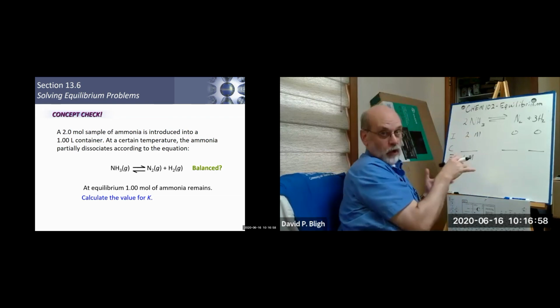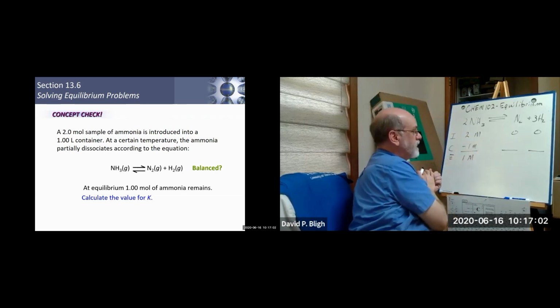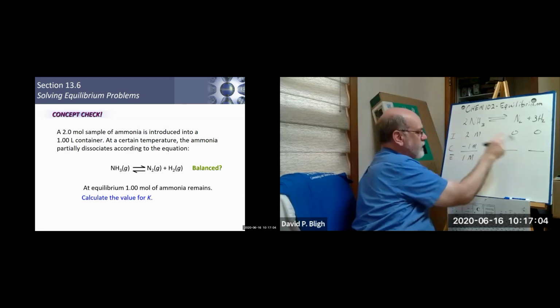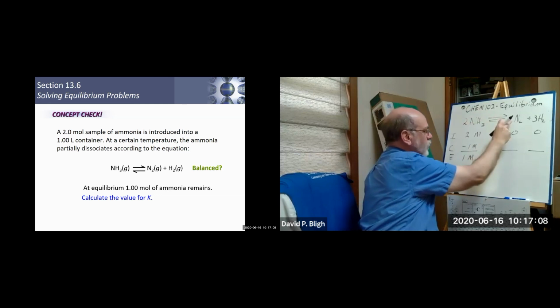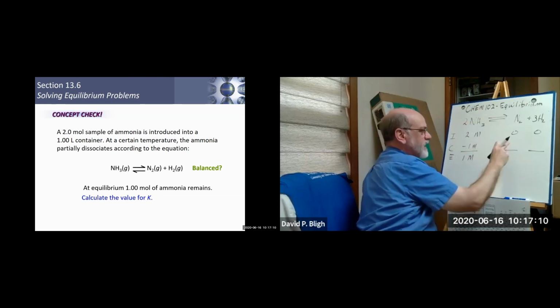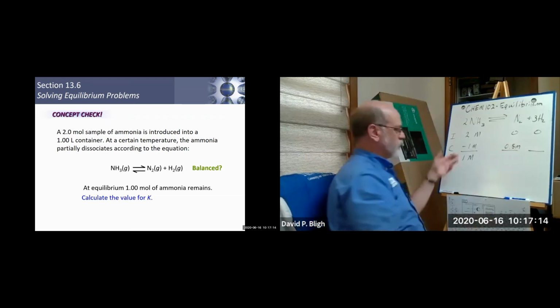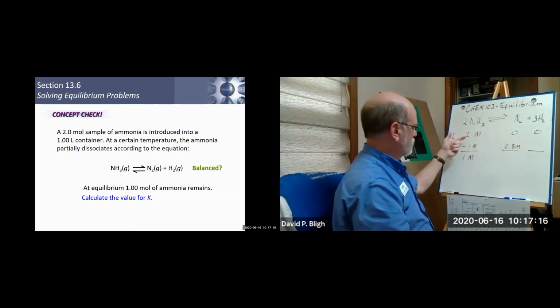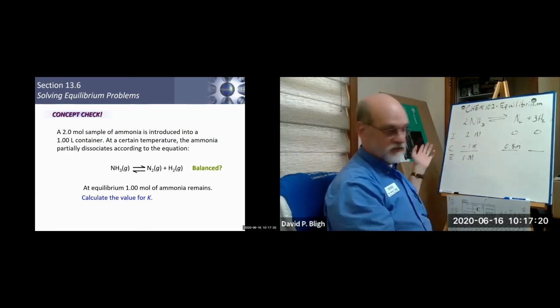We lost a molar. Right? So if we lose one of these, how many of those do you get? Well, for every 2 of these, you get 1 of those. For every 1 of these, you get half of these. It's just the ratio, 2 to 1, 1 to half. Same thing.